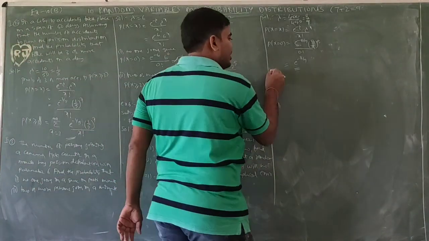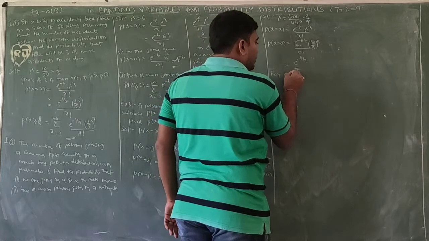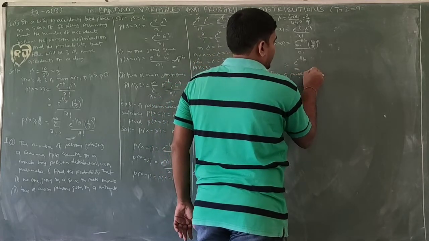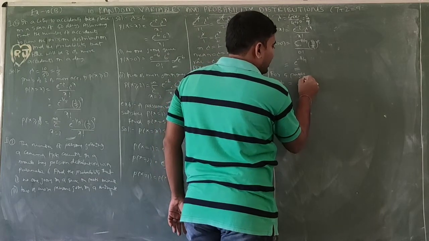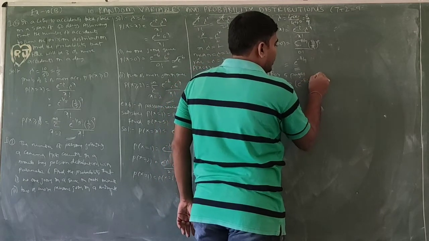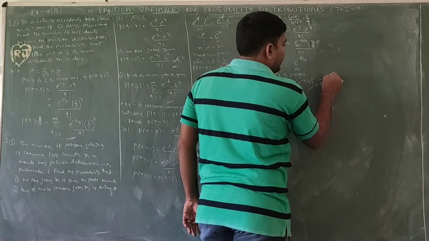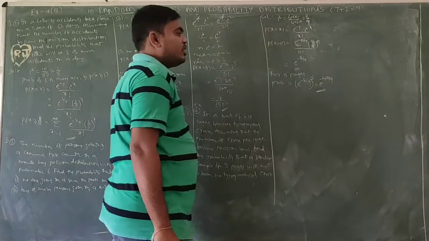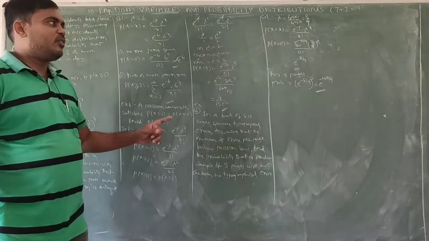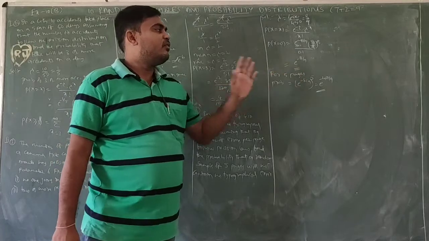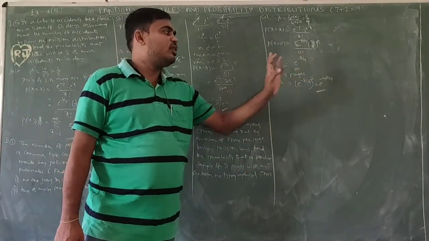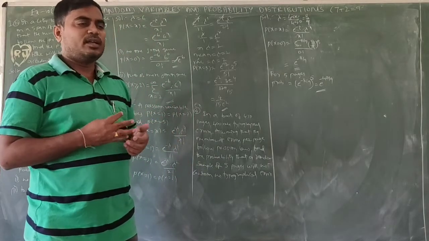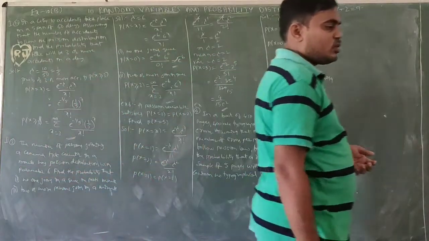So if we calculate for 5 pages, probability equals e power minus 8 by 9 whole power 5, equal to e power minus 40 by 9. So this is the required result. Okay, next question.